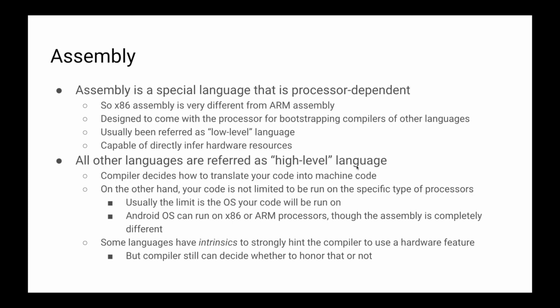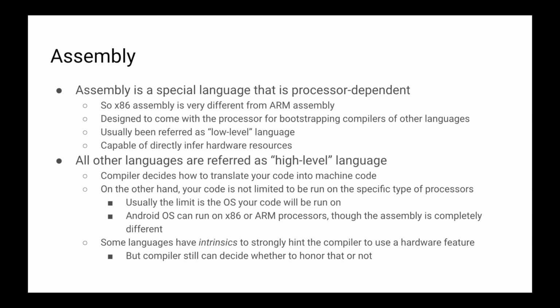So let's briefly talk about assembly. Assembly is a special language that is processor dependent. For example, x86 assembly is very different from ARM. Assembly is designed to bootstrap compilers of other languages. It's usually called a low-level language because it can directly manipulate hardware.